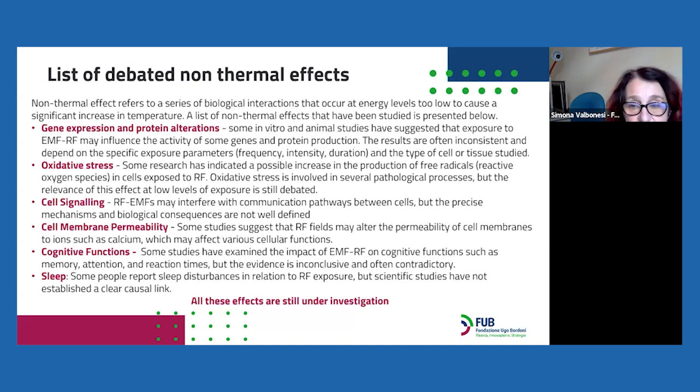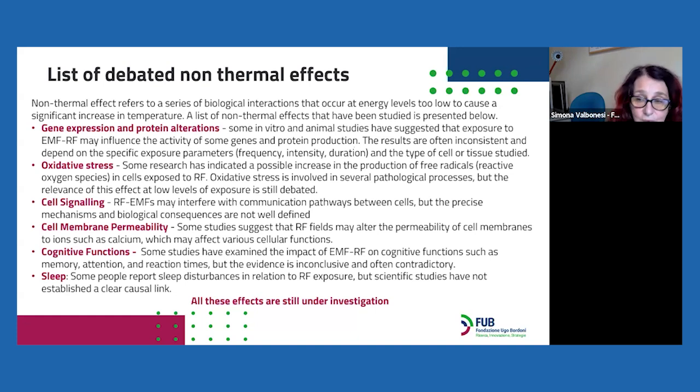Some studies suggest that radiofrequency fields may alter the permeability of cell membranes. For example, there is a study that reports the induced leakage of albumin across the blood-brain barrier in rats due to the presence of electromagnetic fields.